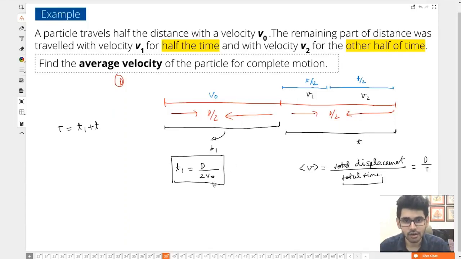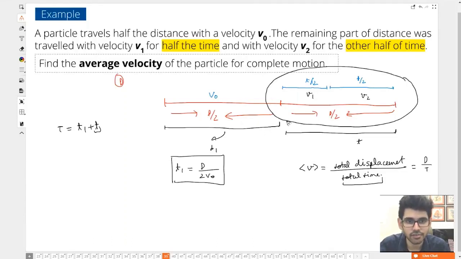Now you already know t1, and you need to find t. So how do you find t? Analyze this portion for finding the value of t. Here, what is the equation? The distance is D by 2. So the distance covered, d1 plus d2, is equal to D by 2.